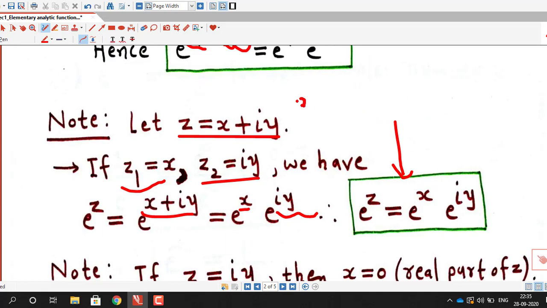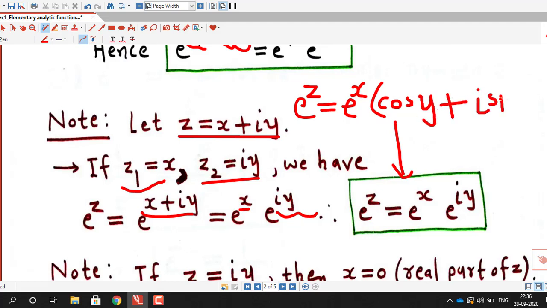Instead of writing e raised to z equal to e raised to x into cos y plus i sin y, we can simply write e raised to z equal to e raised to x into e raised to iy.